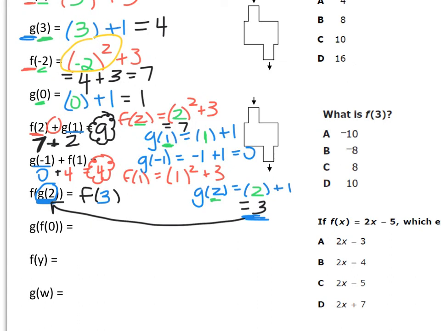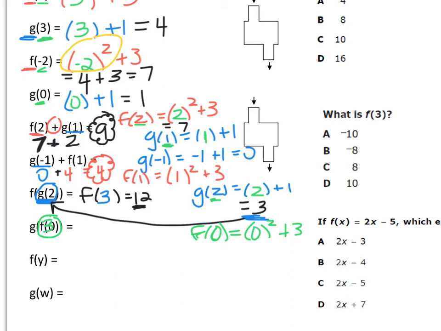Work smarter, not harder. So that's kind of like a next level type question. Once again, you start with the inside. So this one, I'm going to start with f of 0. So f of 0 means something squared plus 3. 0 squared is 0, plus 3 gives me 3.